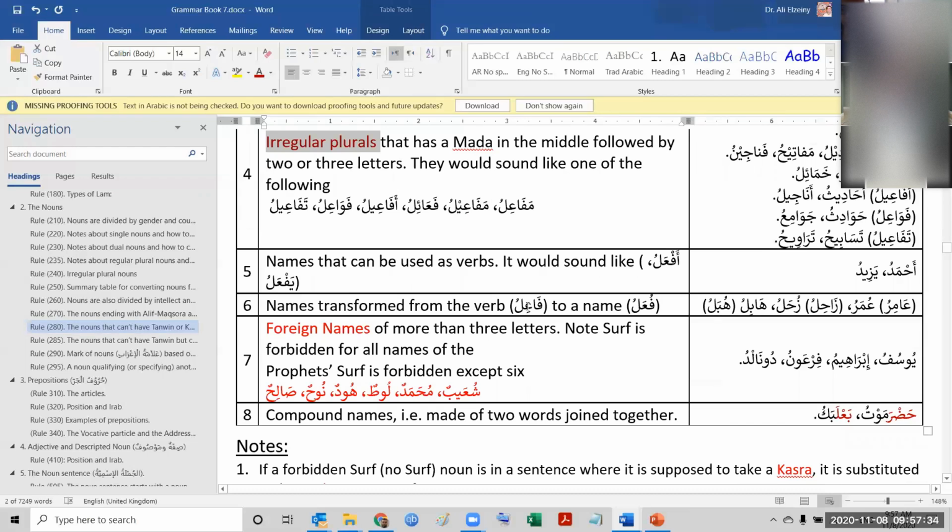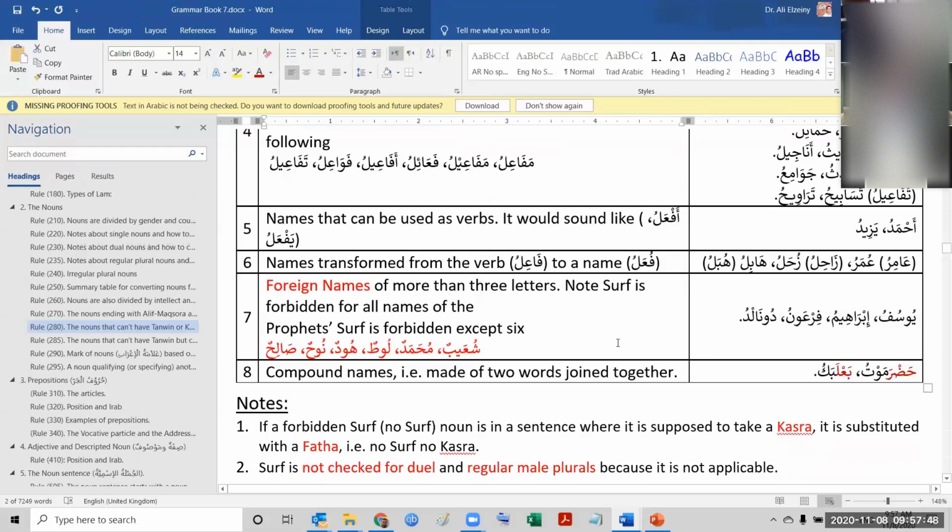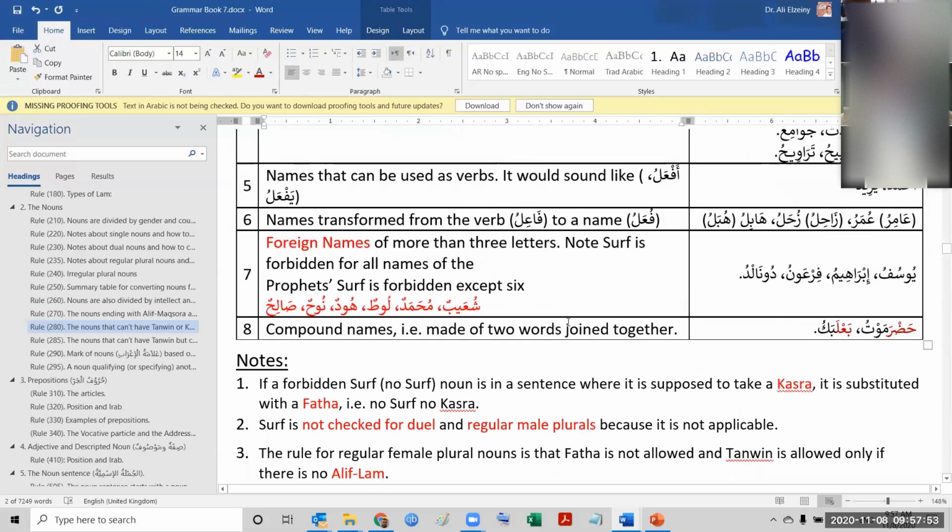It is not transformed from the pattern فاعل to فعل, like عامر, عمر, زاحل, زحل, هابل, هبل. It's not one of those. And it's not a foreign name. It's not a name at all. And it's not compound, it's just one word, not like خضرة موت, بعلى بك.